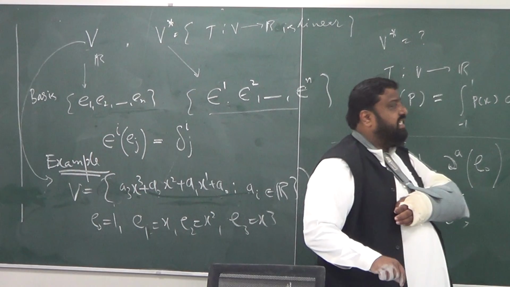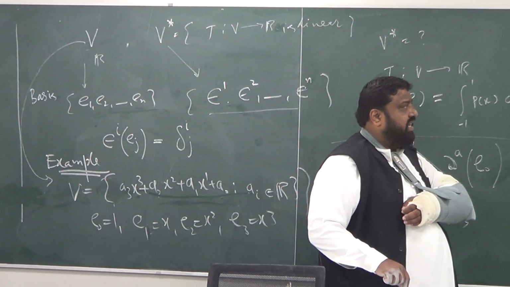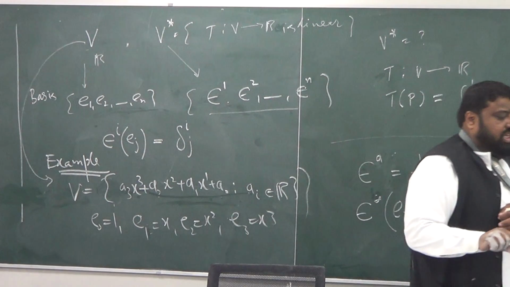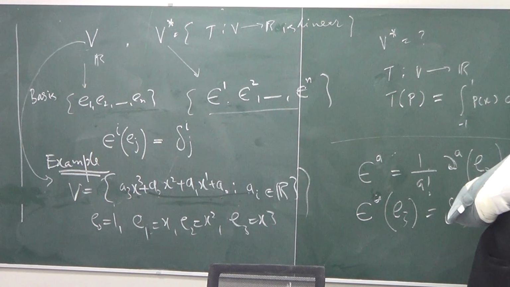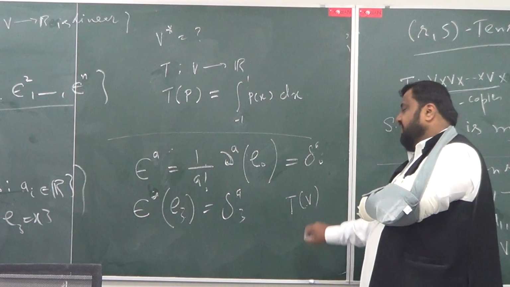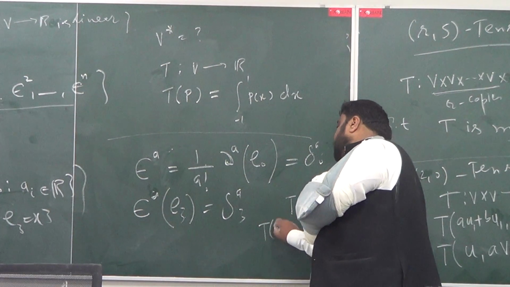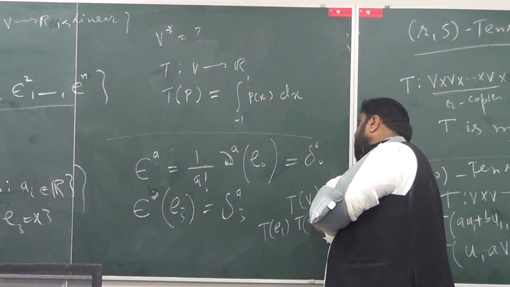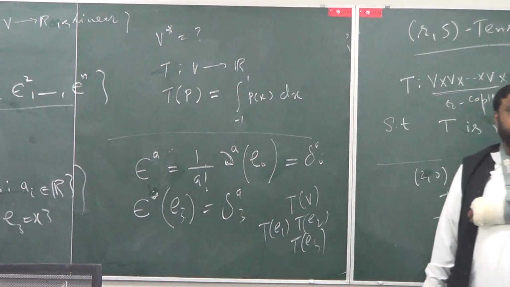So let's take a tensor and operate it onto a vector, because we know, think about it, you must have learned this in linear algebra, that you can completely determine an action of a linear transformation on a vector v if you know how it behaves on the basis vectors. Remember?